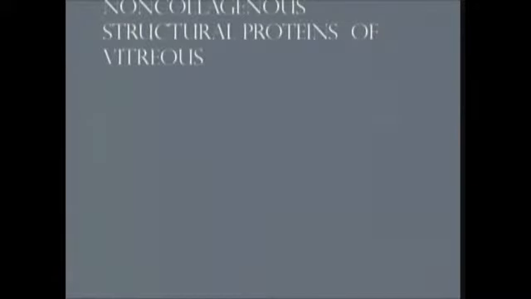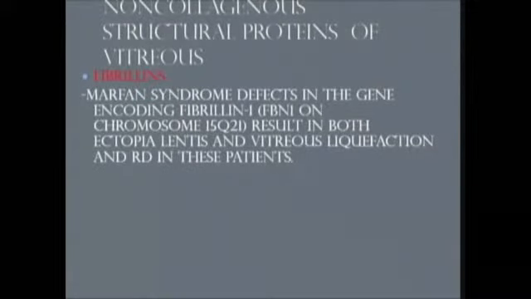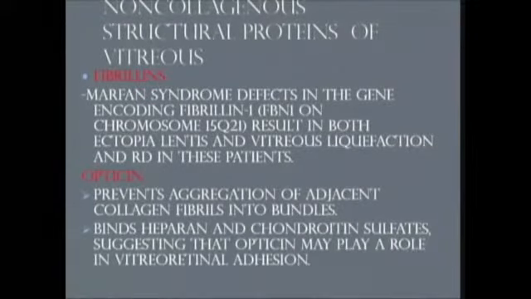Non-collagenous structural proteins of the vitreous include fibrillins and opticin. And you know, if there are any genetic mutations in fibrillins, it's associated with Marfan syndrome, in which clinically we can see ectopia lentis, and also in some cases there can be retinal detachments.